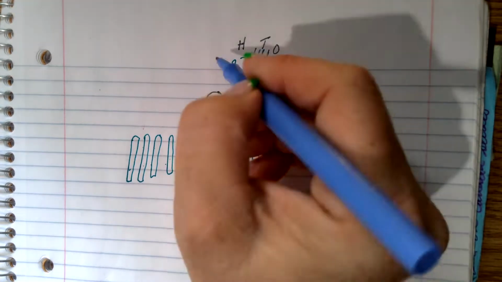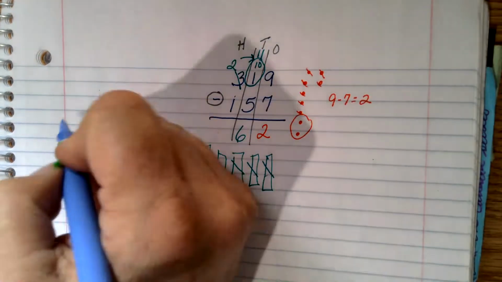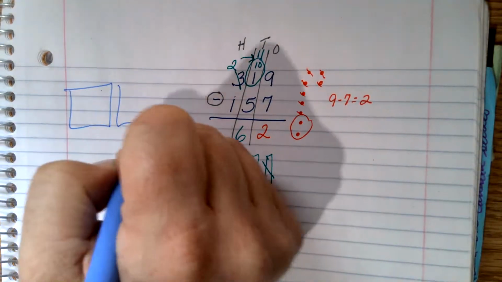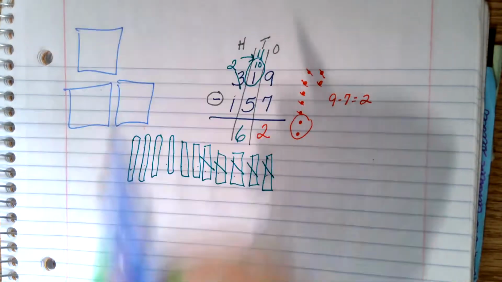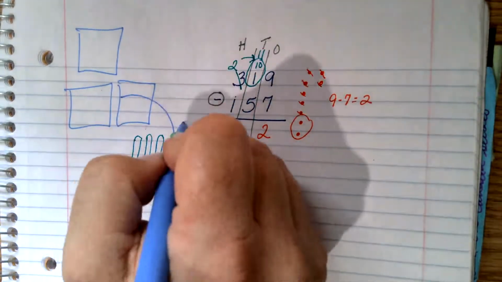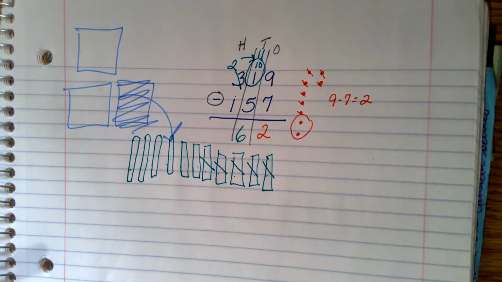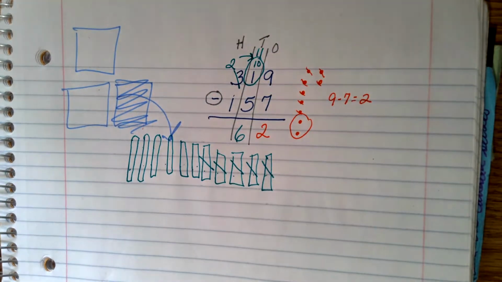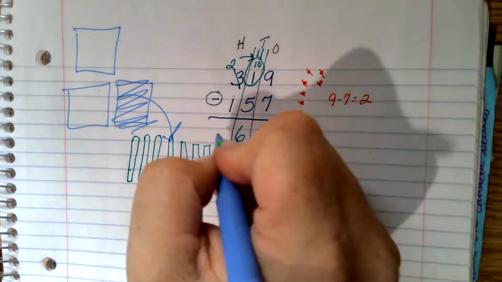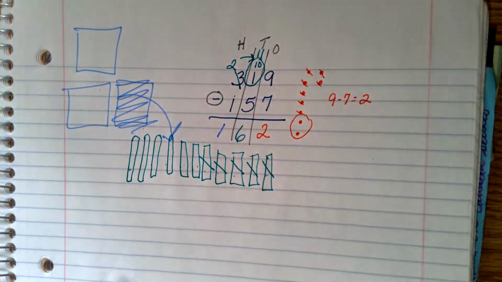Now we are subtracting from 2 hundreds because we broke one of these. One of these 3 got broken apart to make that 10 something we could subtract from. So we have 2 hundreds minus 1 hundred equals 162.